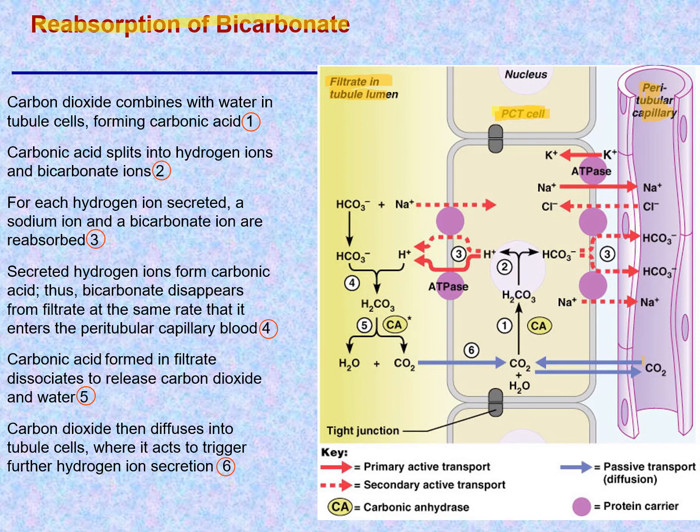CO2 is diffusing across and combining with water to form carbonic acid, and as you know, that will split spontaneously into hydrogen ions and bicarbonate. And the bicarbonate is getting reabsorbed.